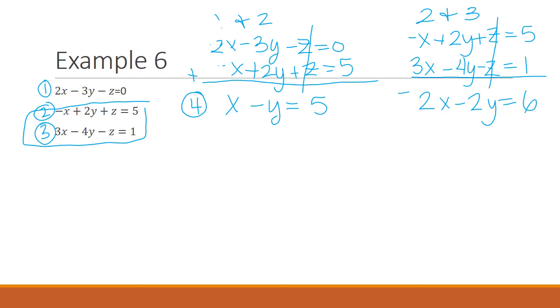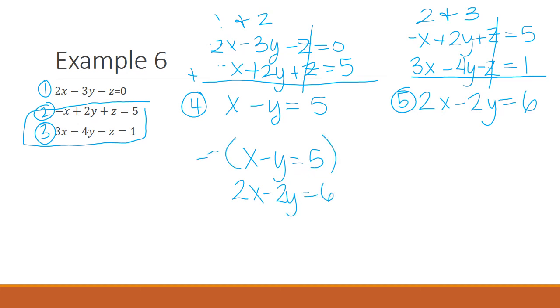Okay, so I've got my fourth and fifth equation. All right, so once I have that, I want to combine those to eliminate something. So if I've got x minus y equals 5 and 2x minus 2y equals 6, I'm going to multiply this top one by -2 so that my x's will cancel out.